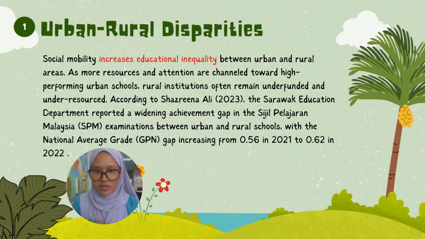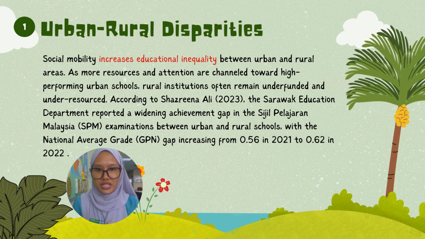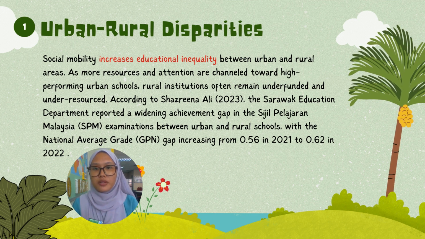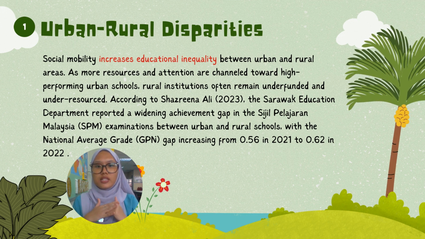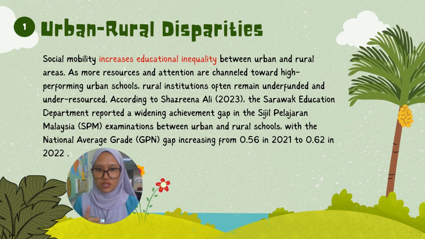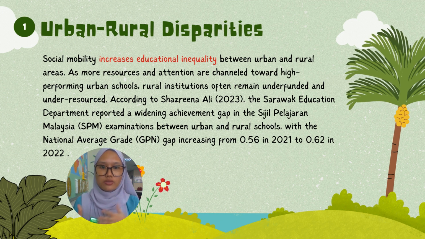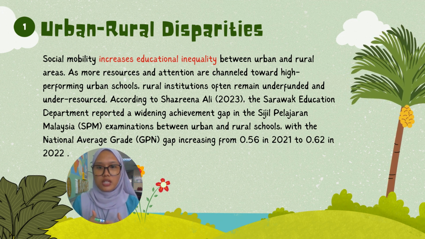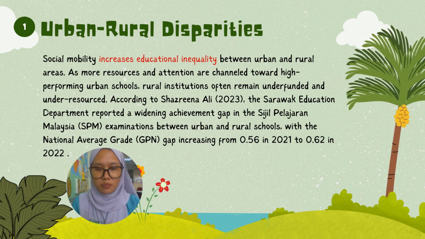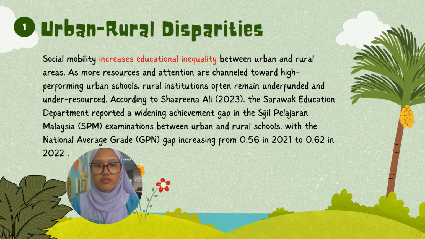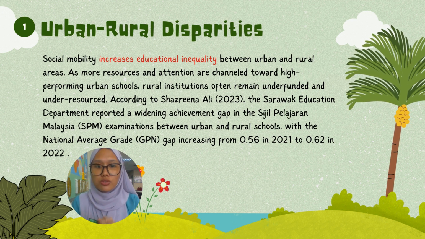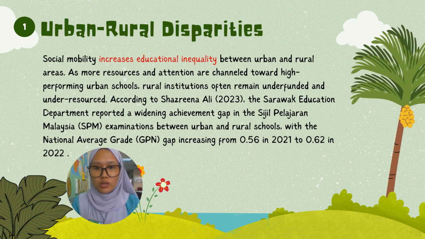And all of this has been proven by Shazrina Ali, 2023. The Sarawak Education Department reported a widening achievement gap in the Sijil Pelajaran Malaysia (SPM) examinations between urban and rural schools, with the national average grade (GPN) gap increasing from 0.56 in 2021 to 0.62 in 2022.